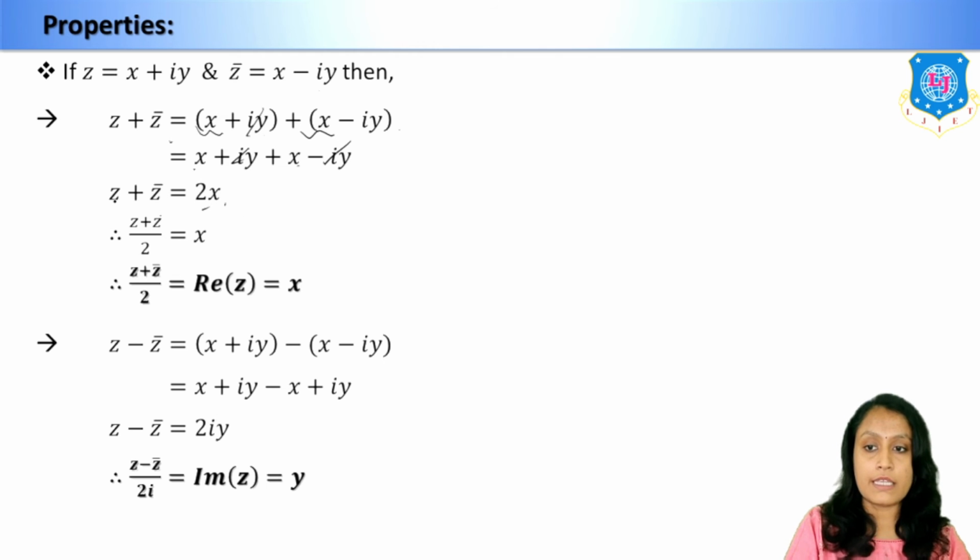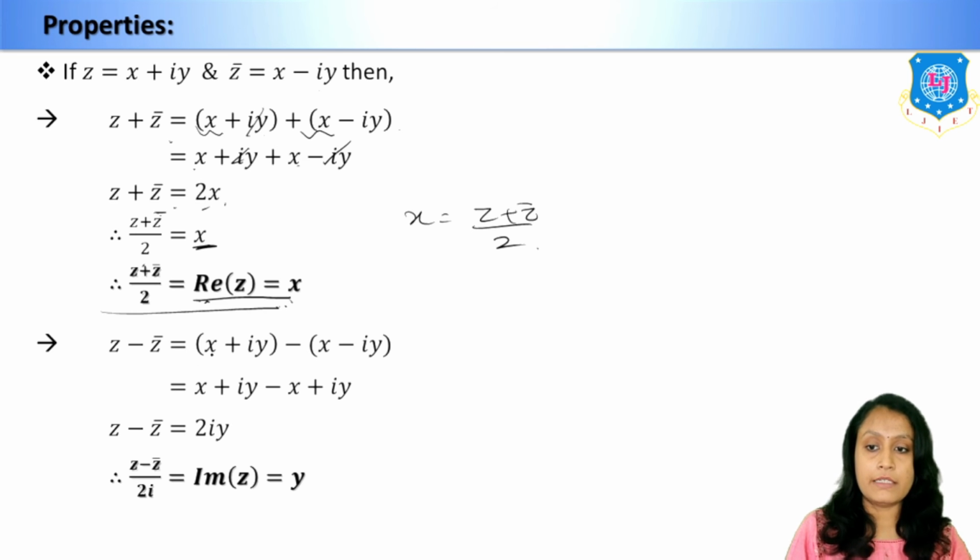So we have 2x as z plus z bar. So from this x will be z plus z bar upon 2. Now x is the real part of z. So its answer is z plus z bar upon 2. This we have to remember as a formula, that is x is equal to z plus z bar upon 2.